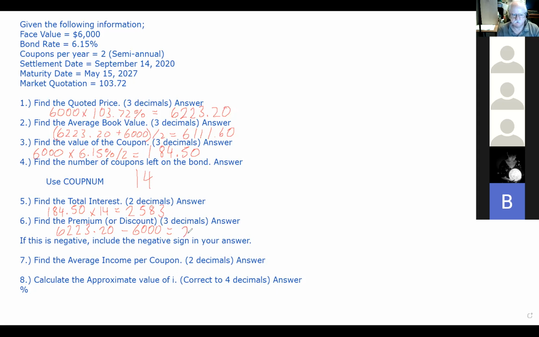So 223.20. And that would have kept Moodle happy. So find the average income per coupon. So we've got to take the total interest, which is our answer to number 5. 184.